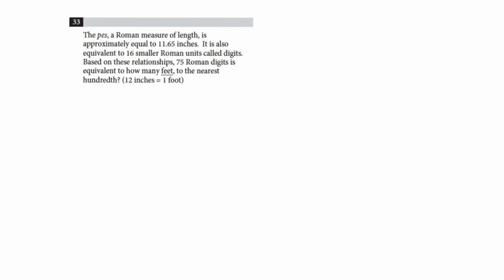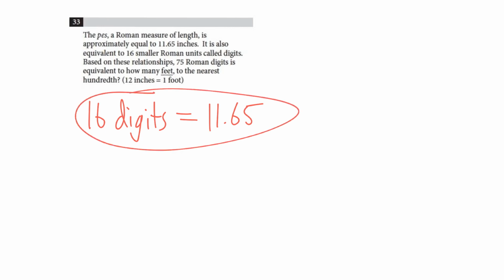Okay, well, we know that a pes is 16 digits, so we can write that 16 digits is equal to 11.65 inches. And if we have 75 digits, how many groups of 16 do we have?